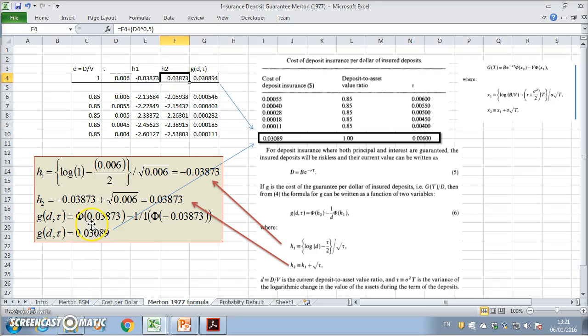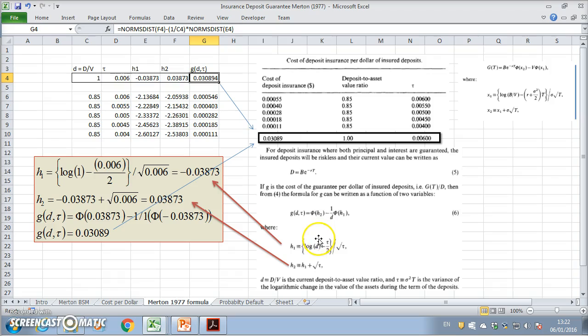And then to implement the last part of the formula, psi, the normal cumulative probability of h2, minus 1 over d, 1 over 1 is 1, times the normal cumulative probability of h1, being negative 0.03873, and when that's worked through, we get a figure consistent with 0.030894.